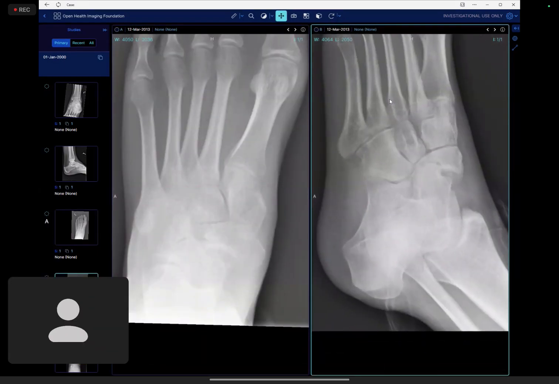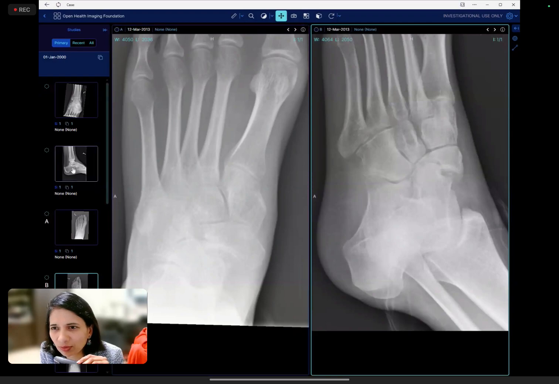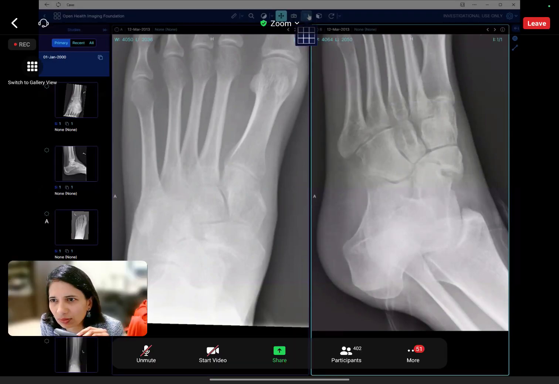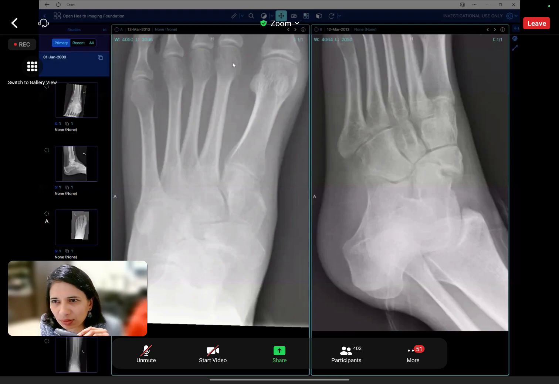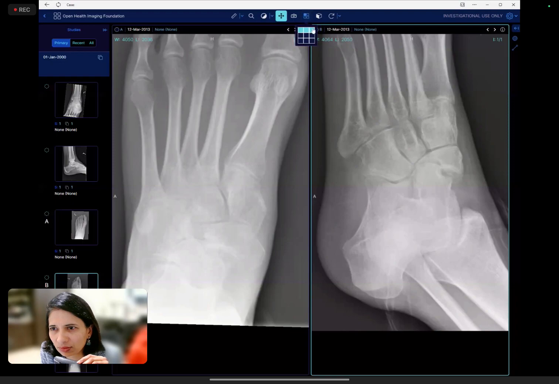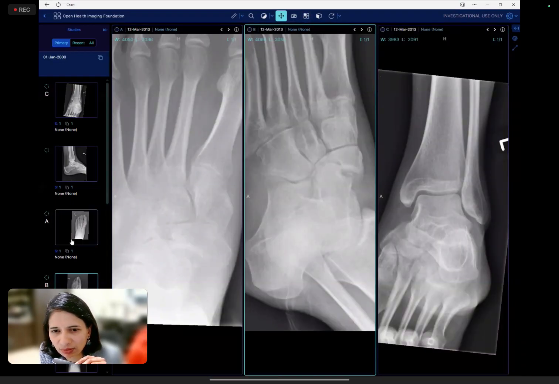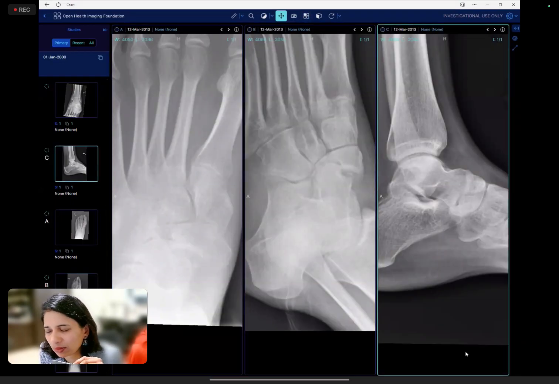So I want you to focus on the lateral and the midfoot views, because that's where your money is.